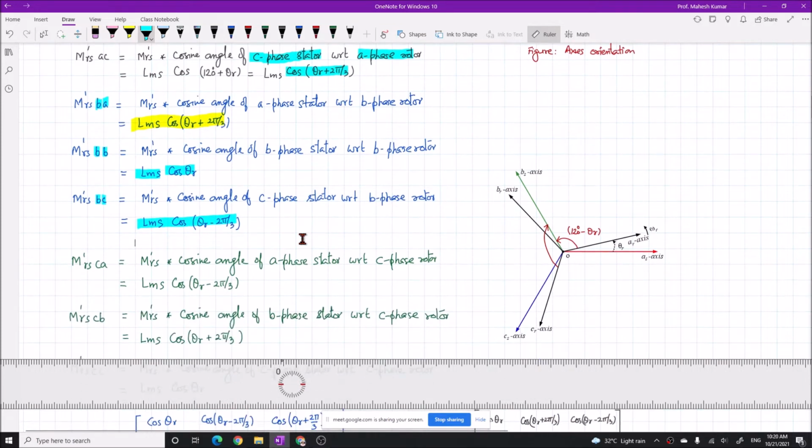Similarly, for CA, it is basically C phase rotor to A phase stator. So C phase rotor is here, to A phase stator is here. This is 120 minus theta r, or you can say theta r minus 120.